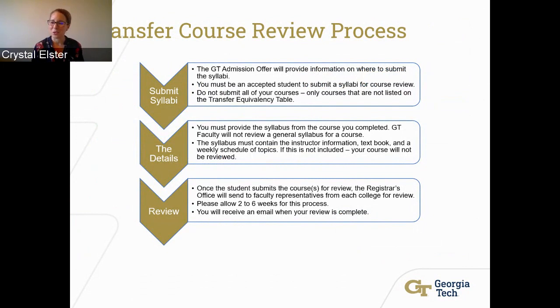Once the faculty have your course reviewed, you'll get an automated email that tells you that it's been updated, and we will update your transfer evaluation, and you should be able to see those changes in Oscar and DegreeWorks within 24 hours of receiving that email.